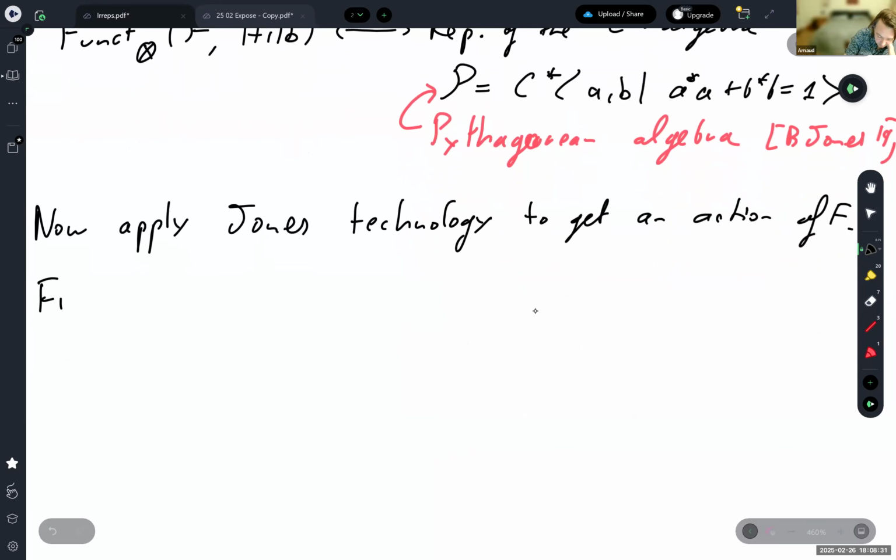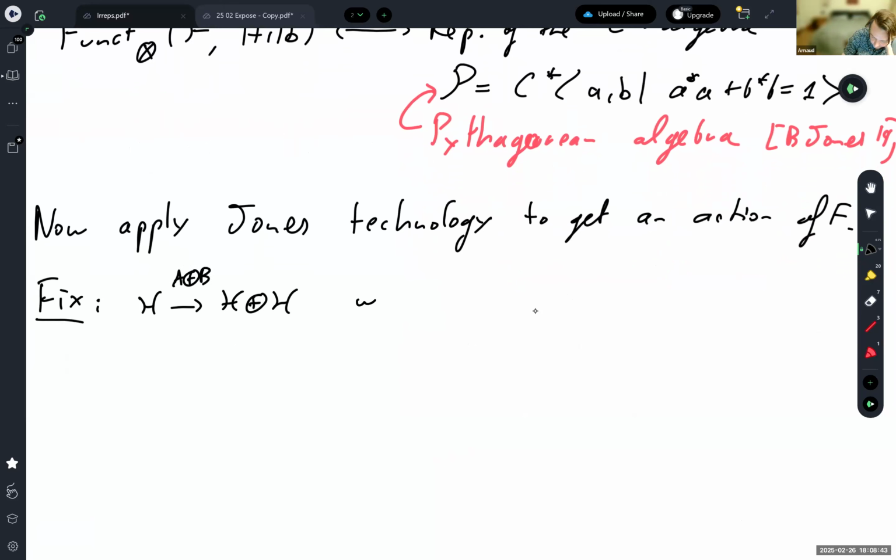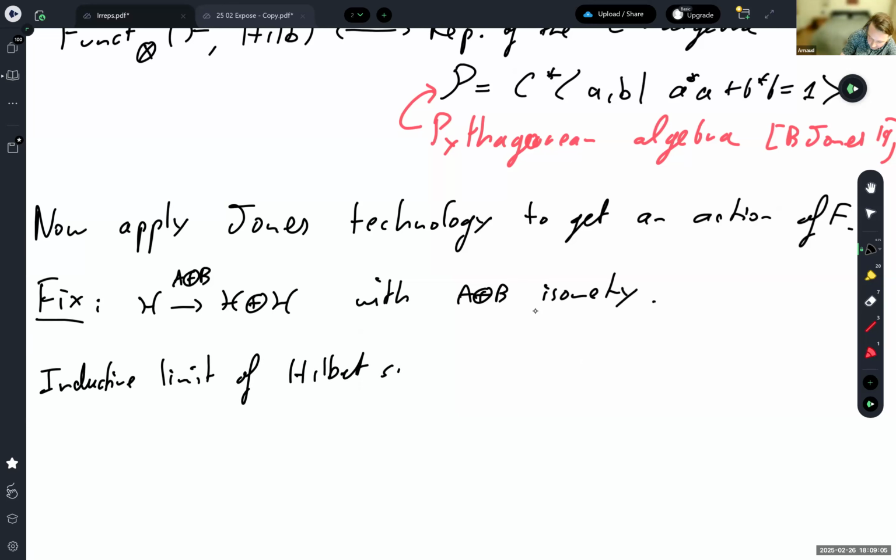I fix one map, given by A plus B, with A plus B isometric. I'm going to construct an action of F. To do that, I need to do an inductive limit. I'm going to do an inductive limit of Hilbert spaces.